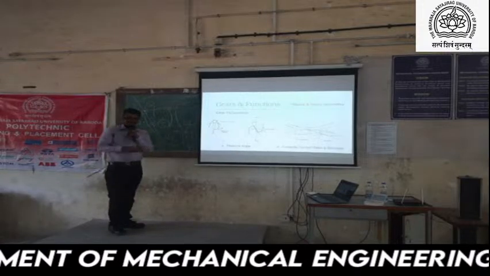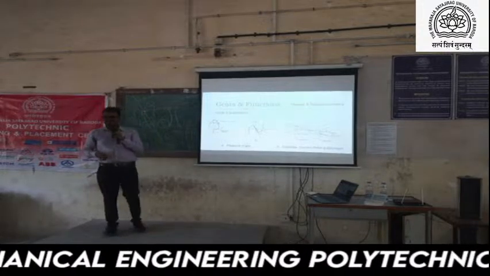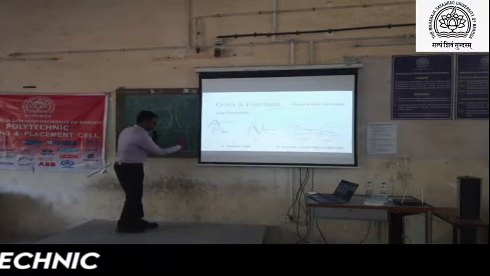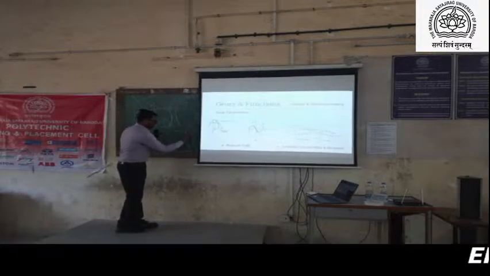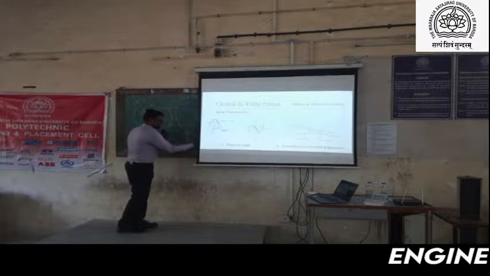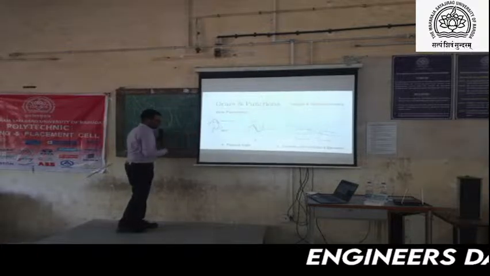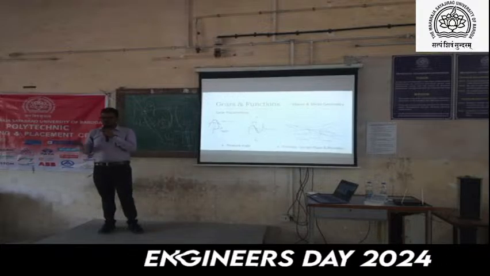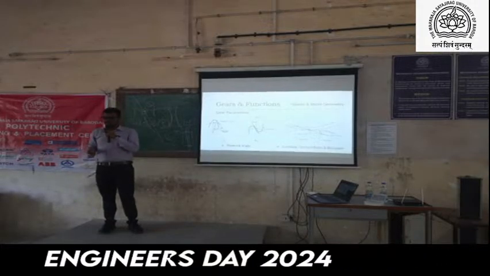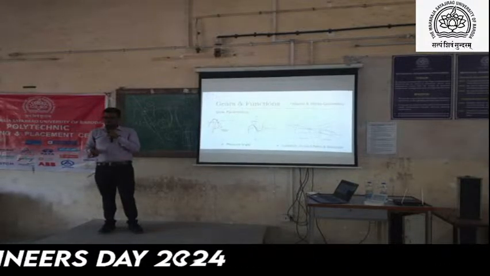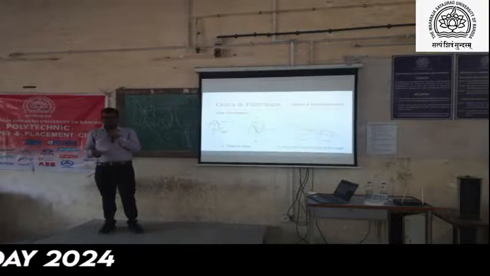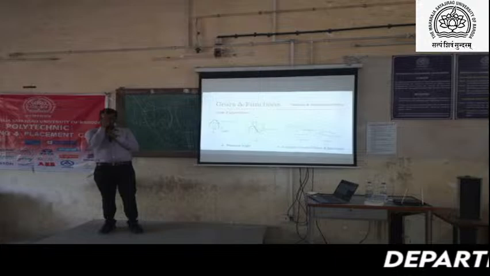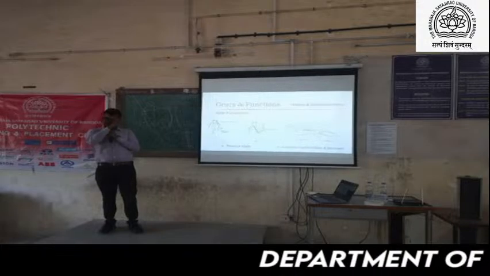Then overlap ratio. What is overlap? See, here also the flank is getting contact, here also the flank is getting contact. How is it increasing the contact for spur and helical? It has some angle alignment. Spur is at 90 degrees, helical is at some tilt.